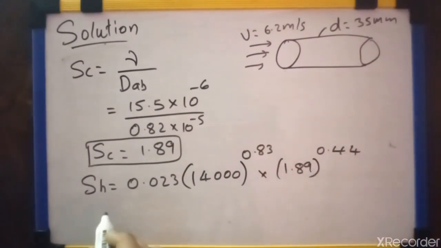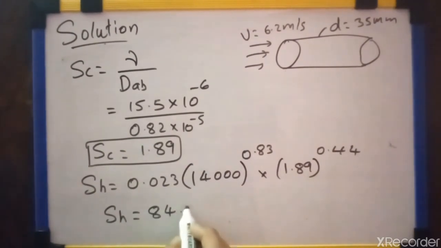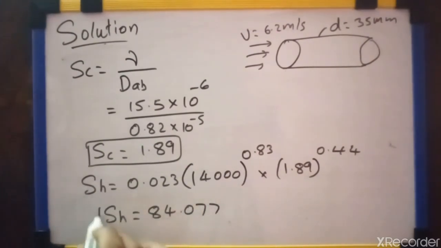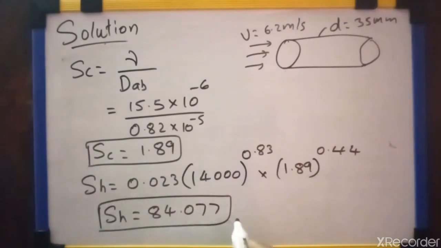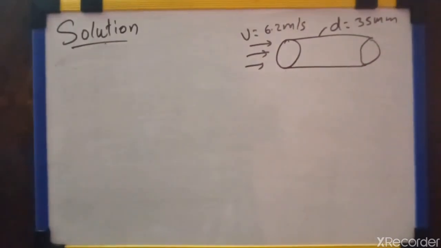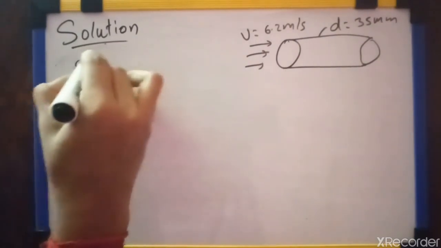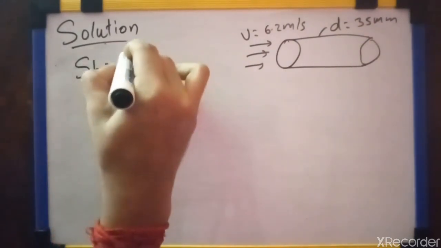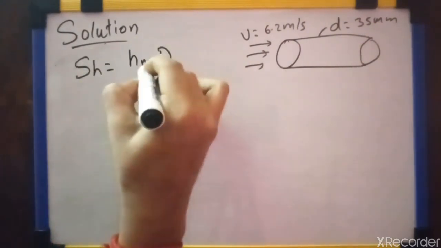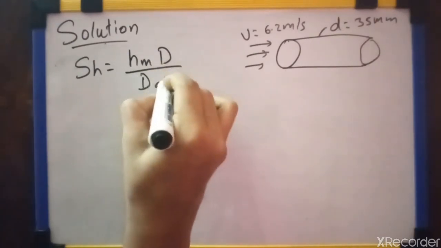We get Sherwood number Sh is equal to 84.077. This is the value for Sherwood number. Then write the main equation, that is Sh is equal to hm into D divided by DAB.